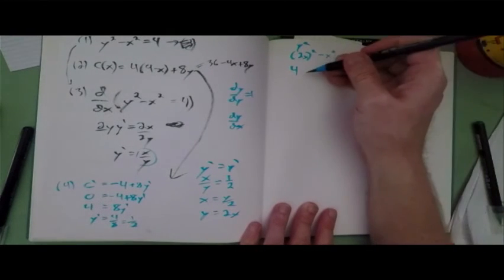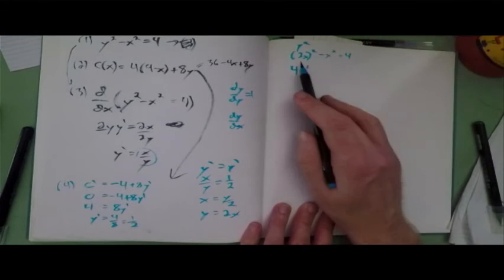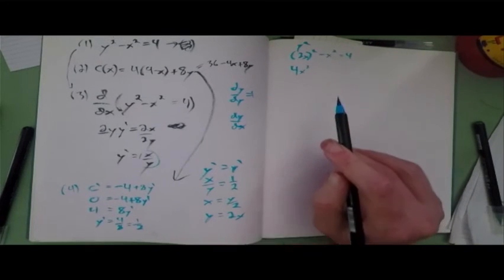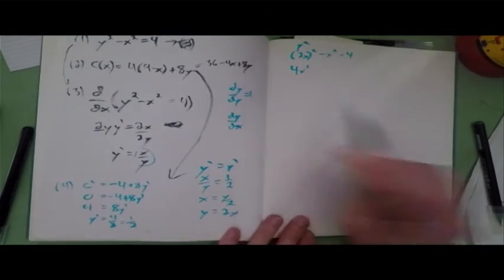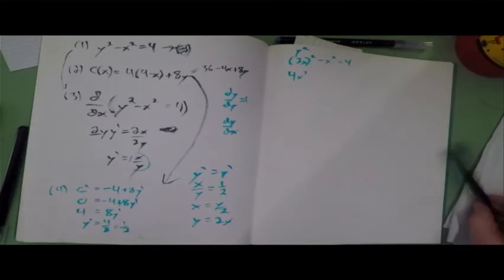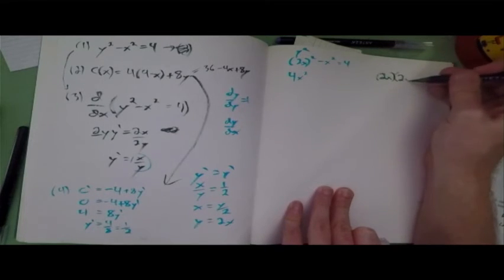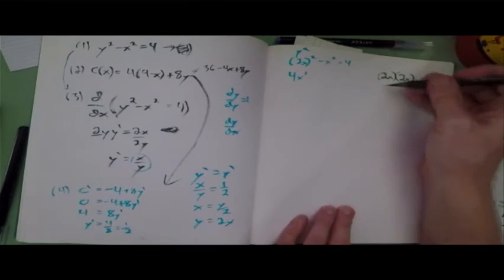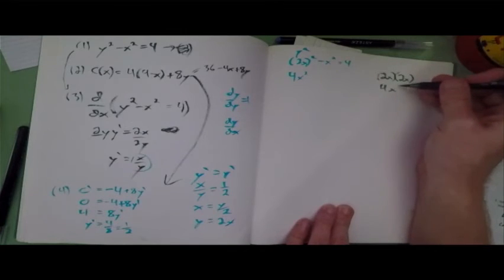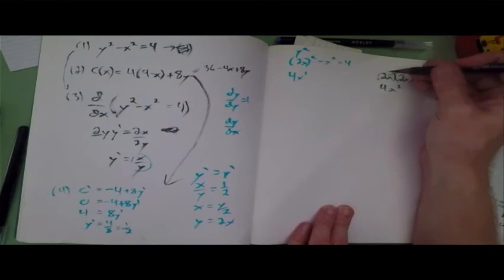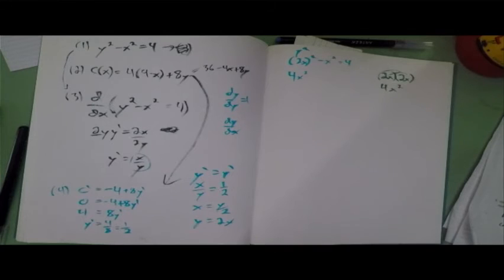So we get 4 times x squared when we square 2x. 2x times 2x. Let me just write this out to be super explicit. 2x times 2x is going to give us 4x squared, right? We're getting the x times the x, and the 2 times the 2.